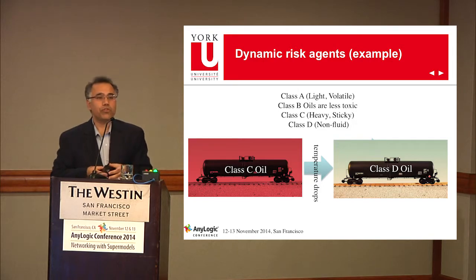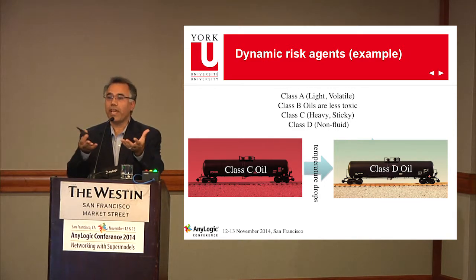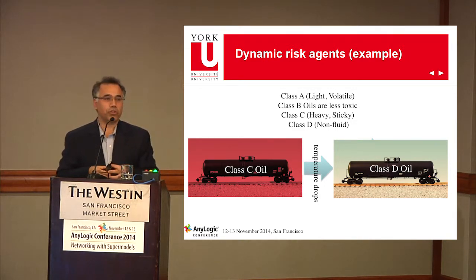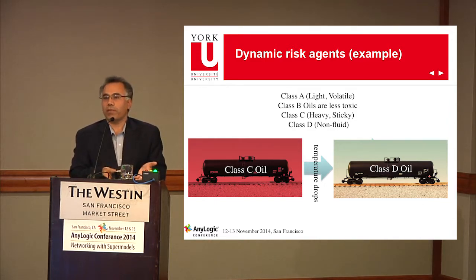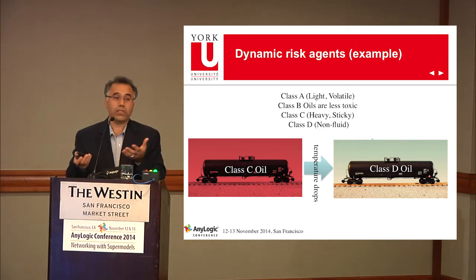In fact, this was in July, so that was the peak. And one of the reasons they say the damage was so extensive was actually the weather, because it was a hot summer, and the materials actually changed during this trip. By the time they reached Lac Megantic, they were quite different in terms of flammability of the materials. So this is really dynamic.